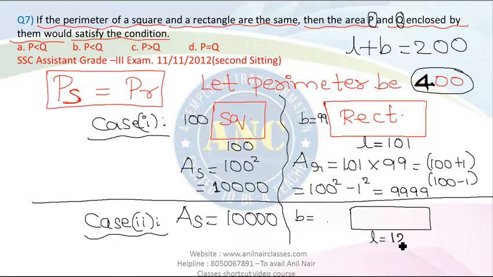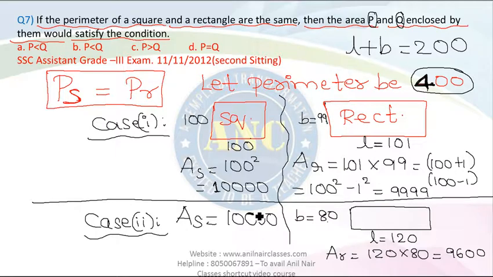I will take one more example. 120 and 80. 120 plus 80 is also 200 only. Now, if I take 120 and 80, area of the rectangle is 120 into 80. Can I say that 12 into 8 is 96, followed by 2 zeros? 9600 is less than 10,000 once again.